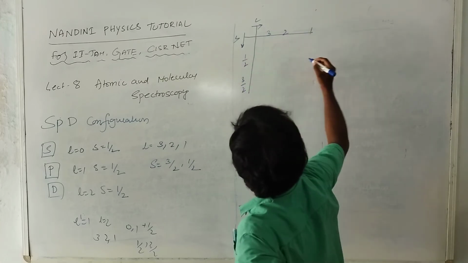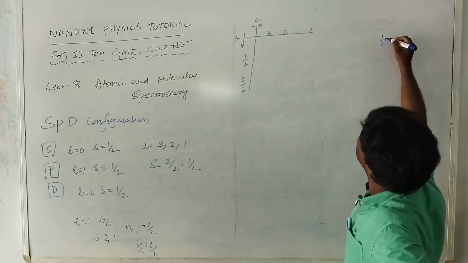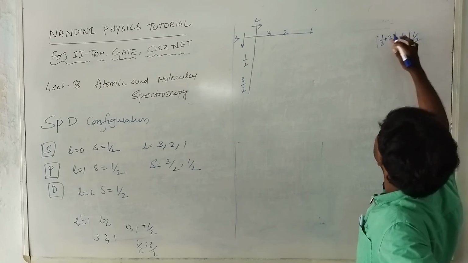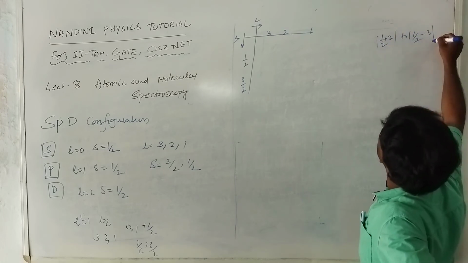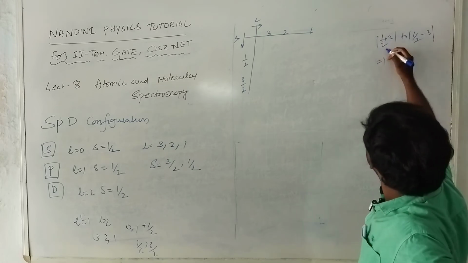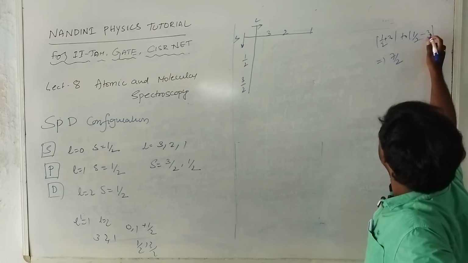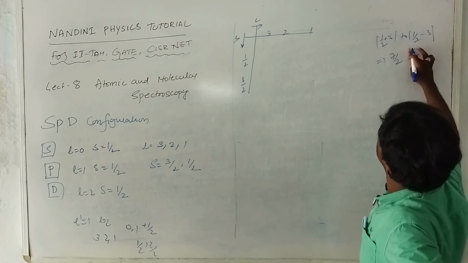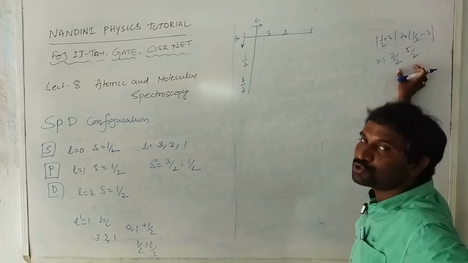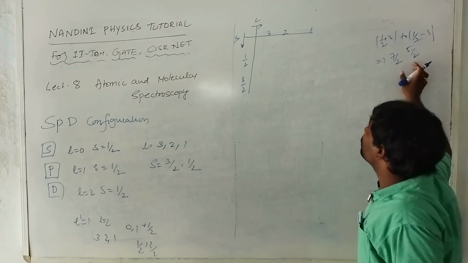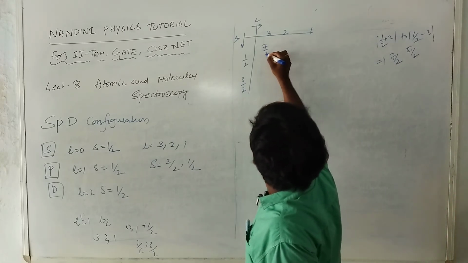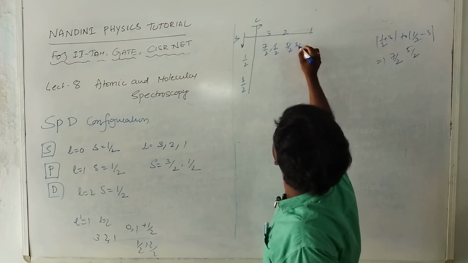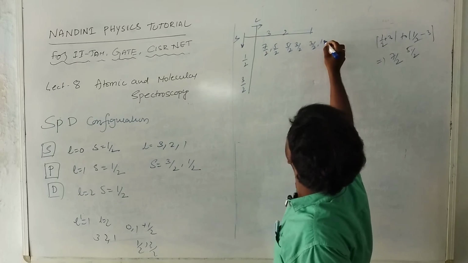So 1 by 2 plus 3 and 1 by 2 minus 3 gives possible values 7 by 2 and 5 by 2. In between there is no number. Similarly this is 5 by 2, 3 by 2, and this is 3 by 2, 1 by 2. Understand?